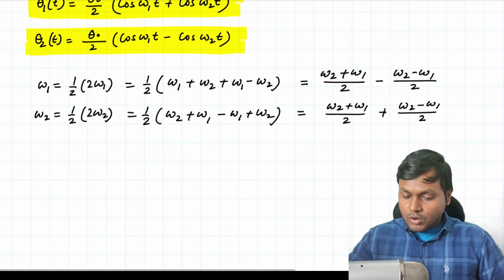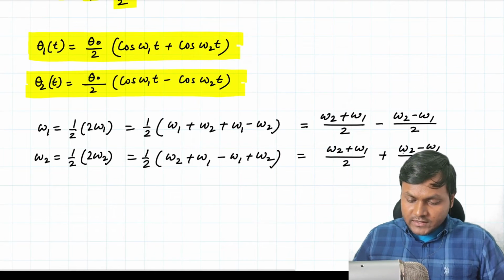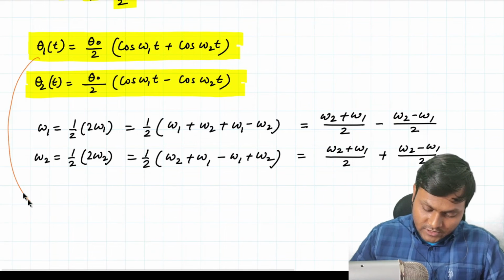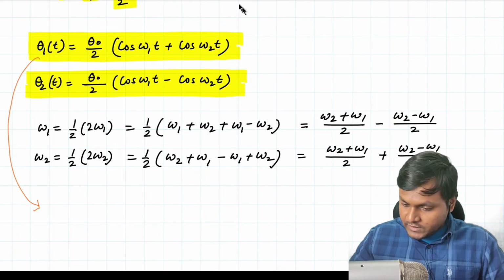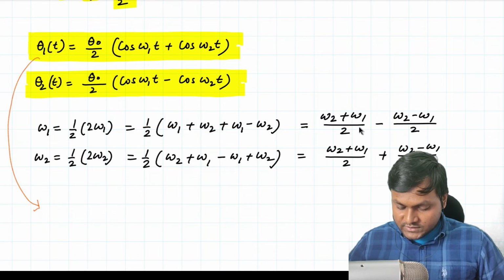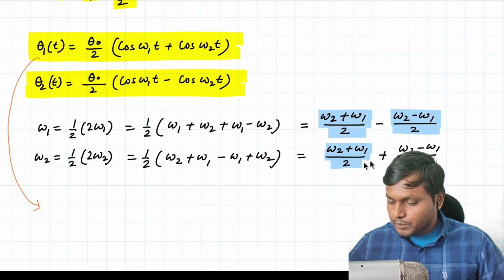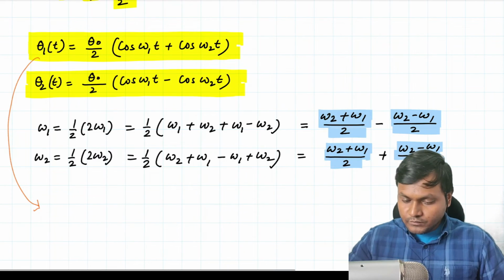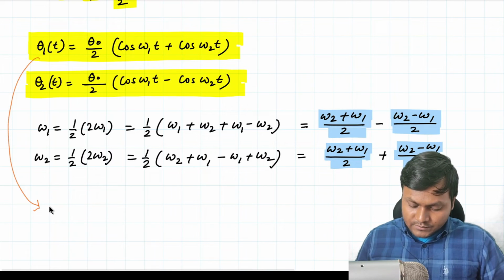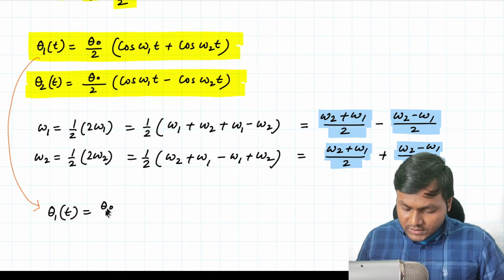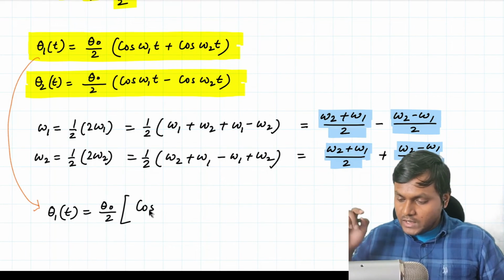So if I write these two solutions in this manner, if I write the solution for theta 1 in terms of these quantities, (omega 2 plus omega 1) upon 2 and (omega 2 minus omega 1) upon 2, then this simply becomes theta 1 at time t equal to theta naught upon 2 times cos omega 1 t.